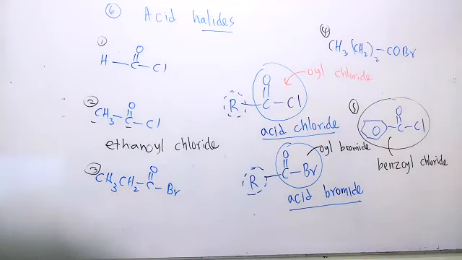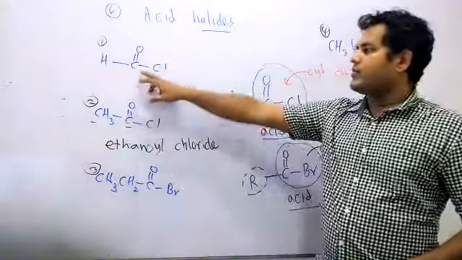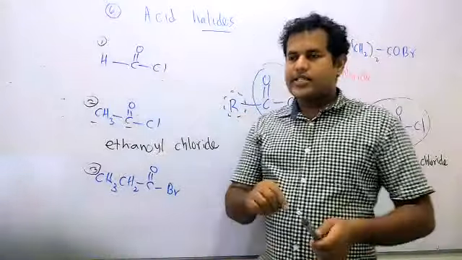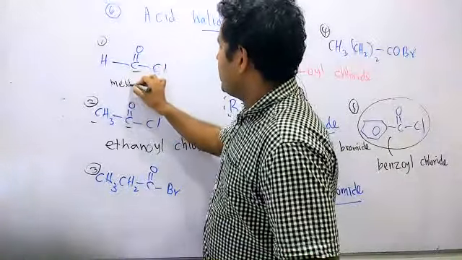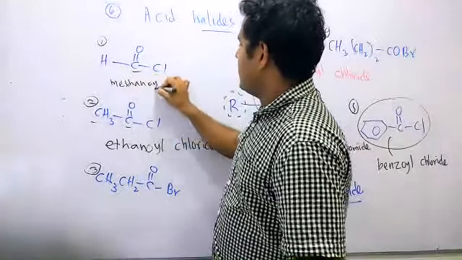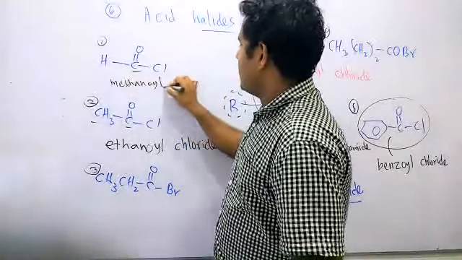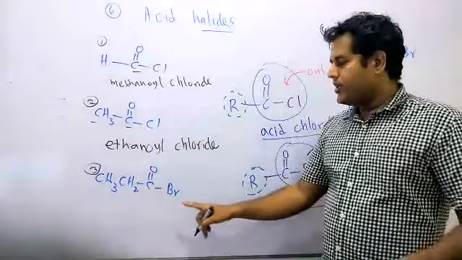Shall I continue? What are the names? This one, HCOCl, with one carbon, that is methane, so the answer is methanoyl chloride. Only one carbon. Here, how many total carbons? 1, 2, 3.